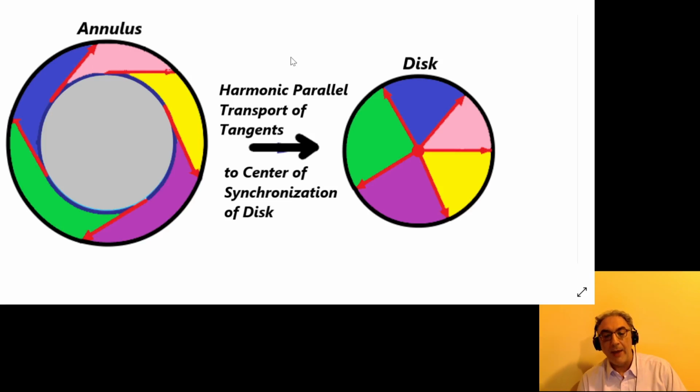In the same way, metaphorically, all these tangent velocities here in relation to a radius are orthogonal.